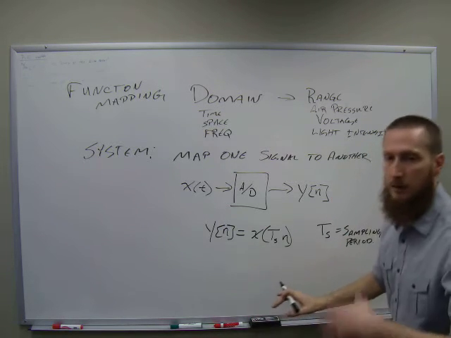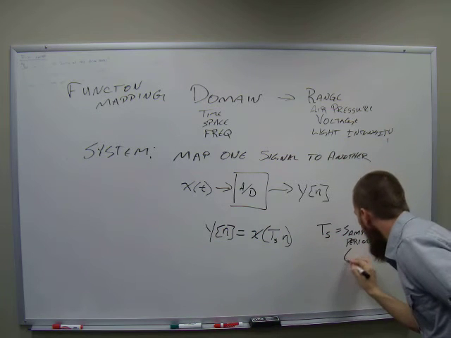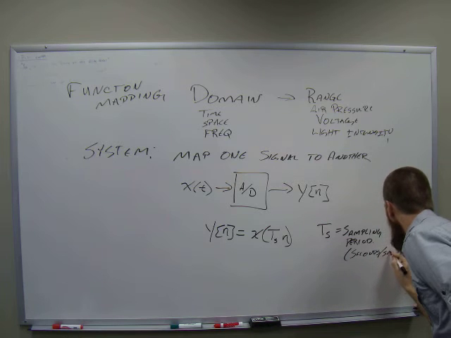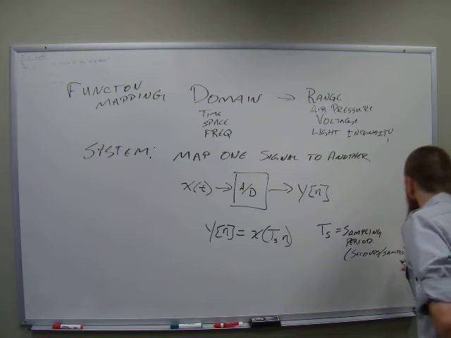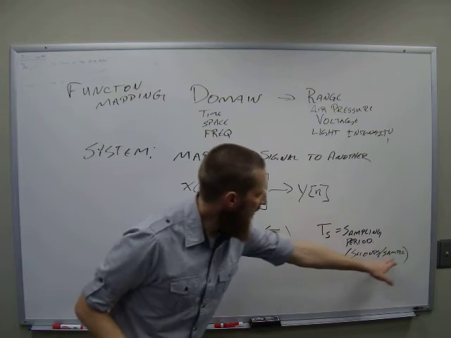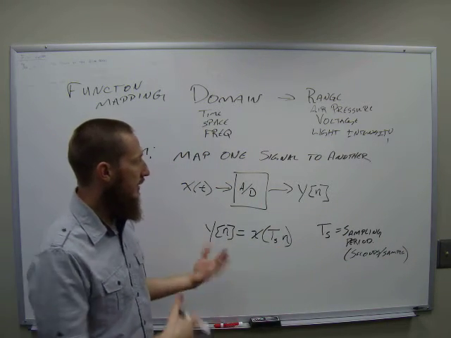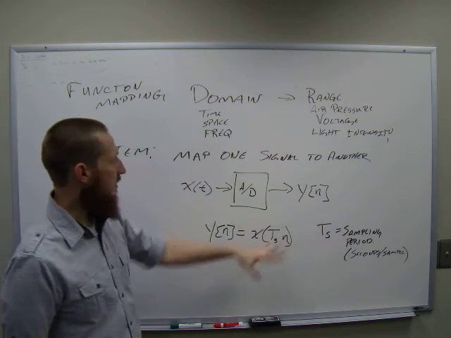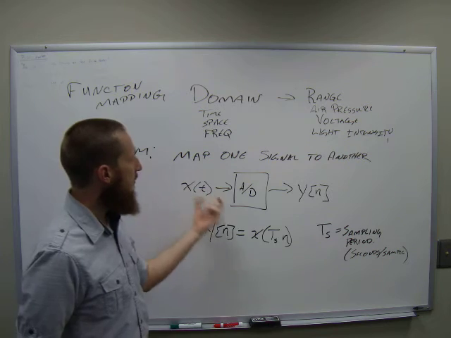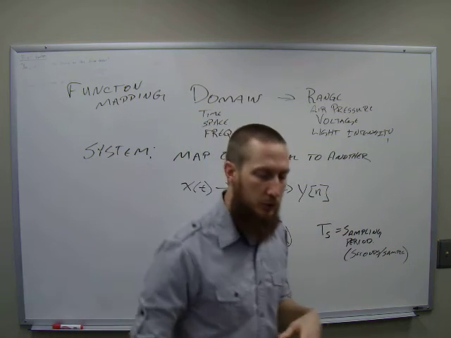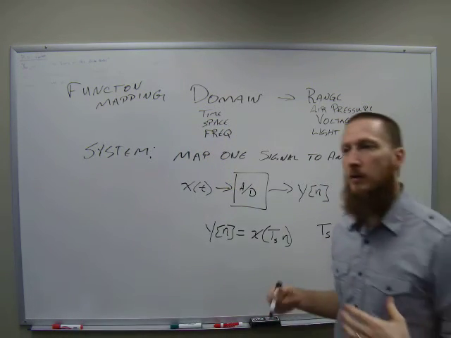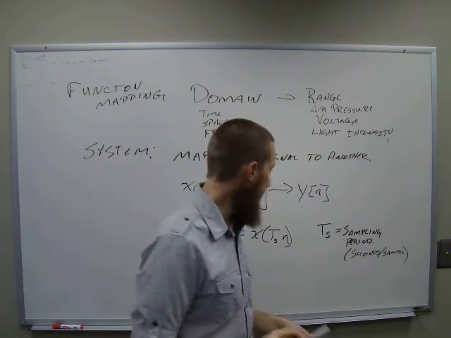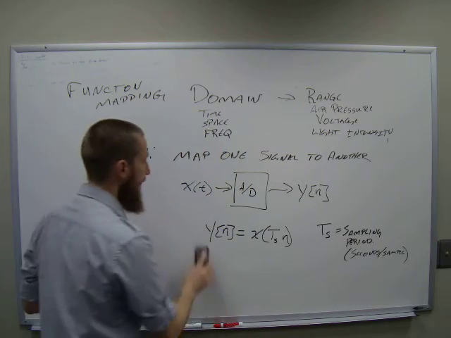Sampling frequency is samples per second. So this is seconds per sample, and n is in samples, so that does the conversion between seconds and samples. So this is an example of a system that takes in a continuous time and outputs a discrete time value. Usually we don't use this. Usually we use continuous time to continuous time or discrete to discrete, and those systems will oftentimes be treated pretty much the same way.